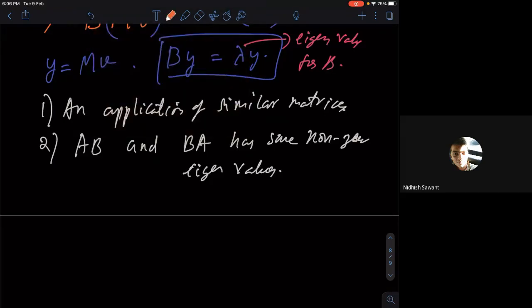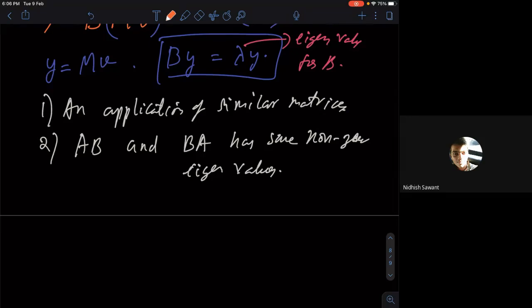Why can I say that? If I want to show that AB and BA have the same eigenvalues, what is the idea we know? We know that we have to show that they are similar matrices. If I can show that they are similar matrices, I am done.